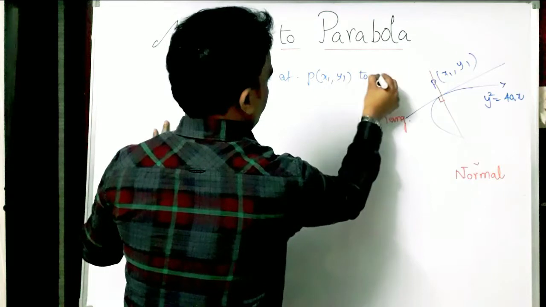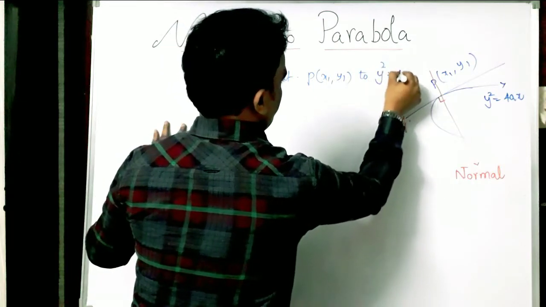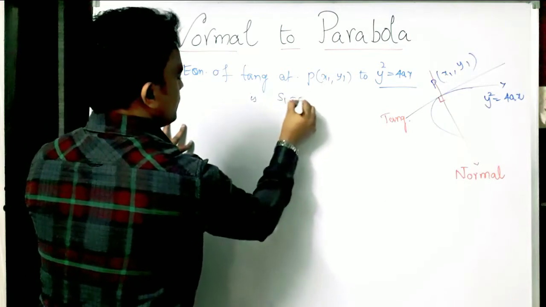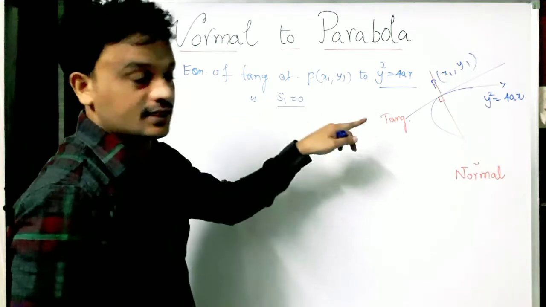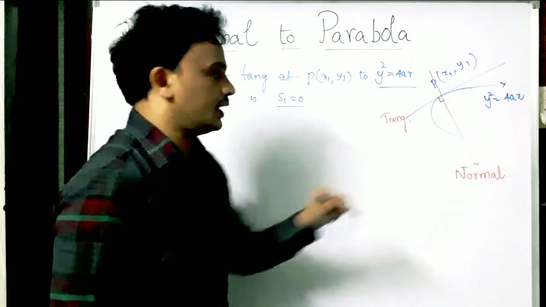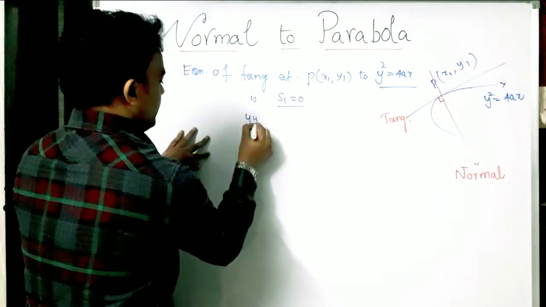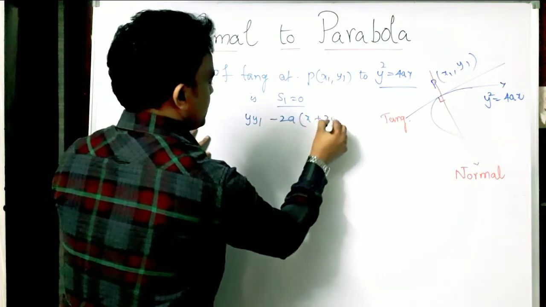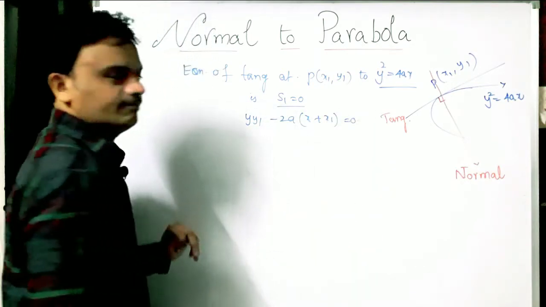The basic formula is S1 equals 0, where S is y square minus 4ax. So it is y y1 minus 2a of (x plus x1) equals 0, right or not?